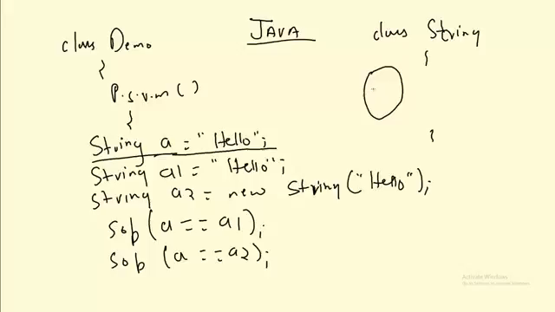For any other class in Java language, we are supposed to use the new keyword and then create an object, but only for this particular class we are not supposed to use the new keyword. We can use it, I will come back to that statement. The content of this is hello right now. An object has been created, referred by a variable. Let me take the address as 150.